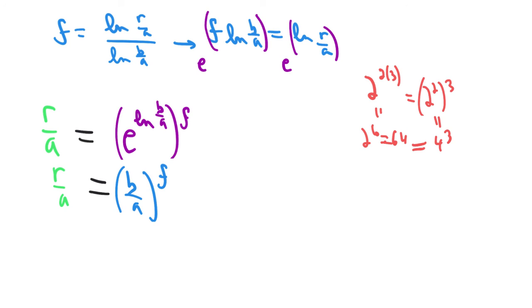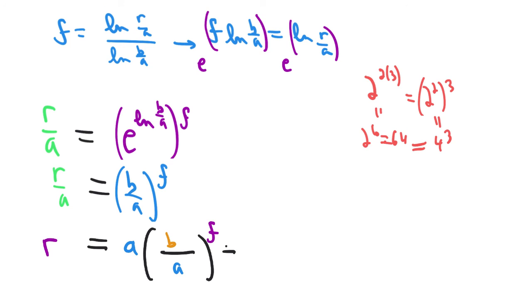Going back to the colors I used at the very start, the thing we want, r, is equal to, cross multiplying by a, a fraction to some power, with a on the bottom and b on the top, and the power is f, the fraction of the energy I wanted.